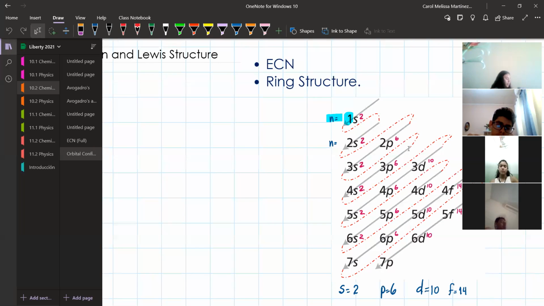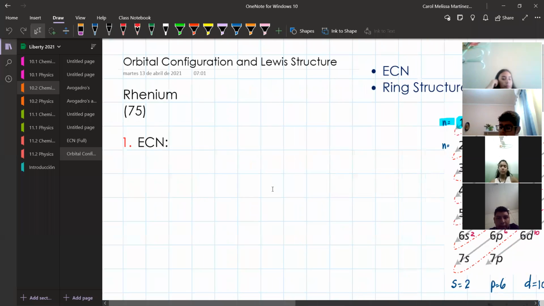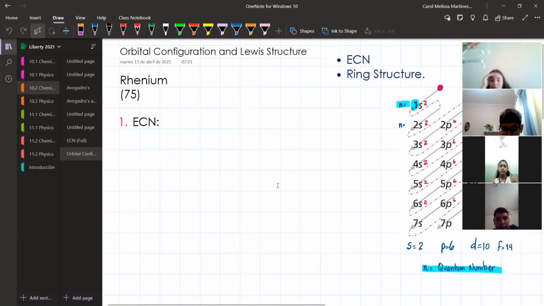Like always, we are gonna start from the very top. Okay, from this position right here. And we're gonna start by filling the amount of electrons required. So let's begin. I will start here in the very top, as I told you before. I will continue the arrows, the dash line.